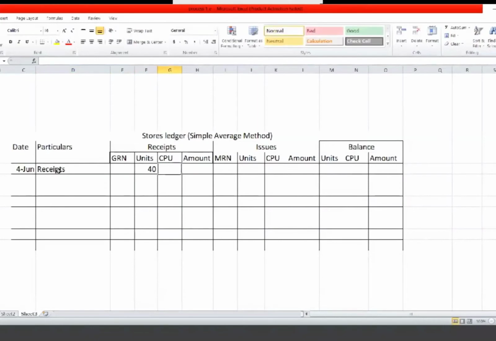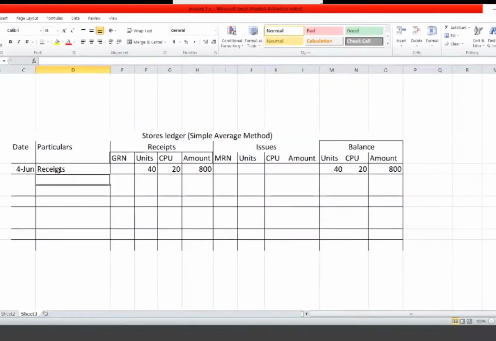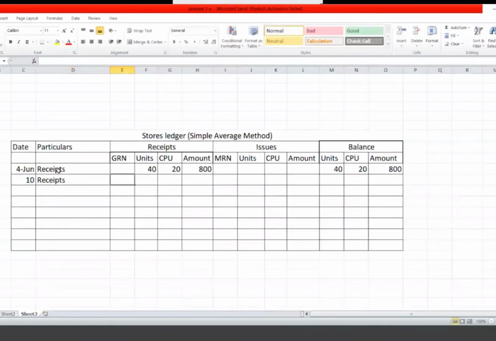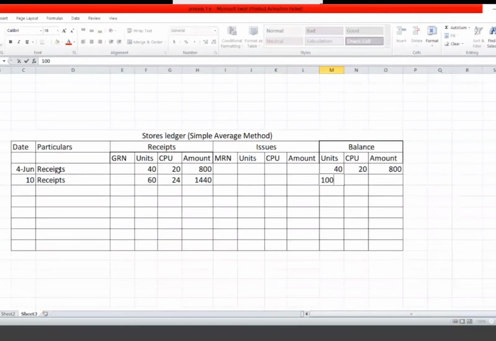Total is 800. Now the balance, same thing, 40, 20 and 800. Now the second date, after 4th, it was 10th. Again, receipts. 60 units with the price of 24. 60 into 24, 1440. Now the balance, 40 plus 60, 100. 1440 plus 800, it will be 2240.